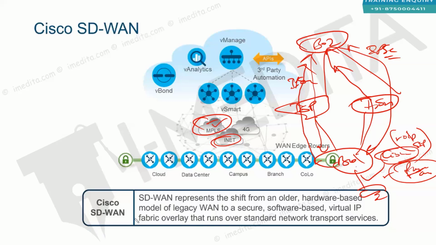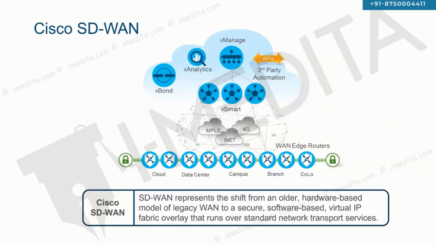Although many customers have already migrated to ACI, ACI is quite an expensive solution. For smaller customers, it's really not feasible to migrate their data centers from older technology to ACI. But Cisco is focusing on all these three technologies nowadays when it comes to software-defined networking: ACI, SDA, and SD-WAN. But here we are going to talk about SD-WAN only.